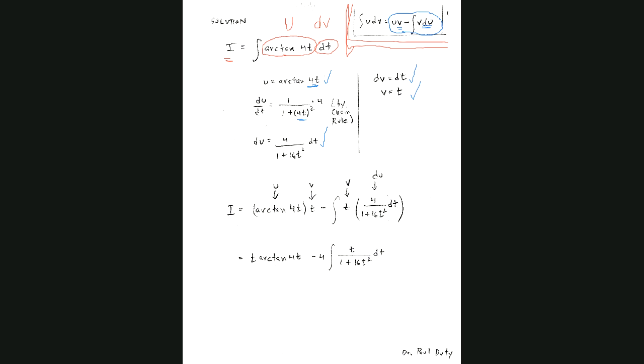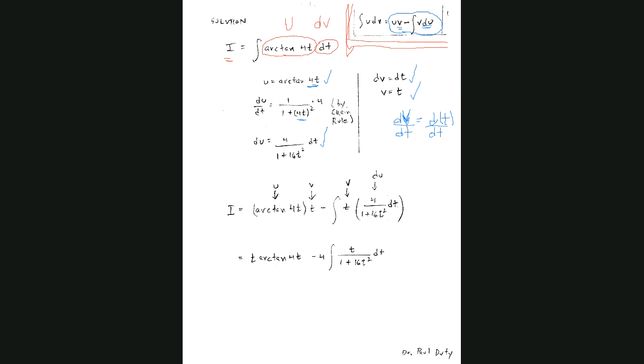Okay, and if you don't believe it, just ask, what's dv dt? Well, if v equals t, then dv dt would be dt dt.